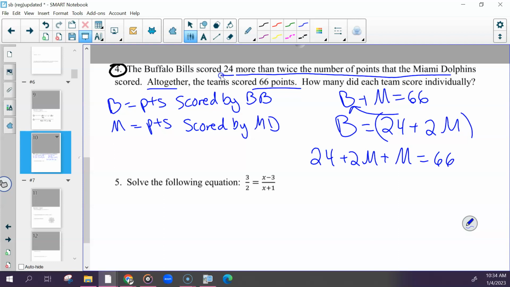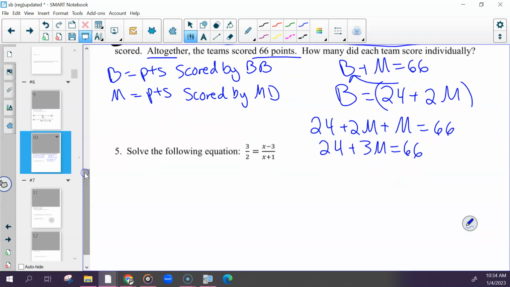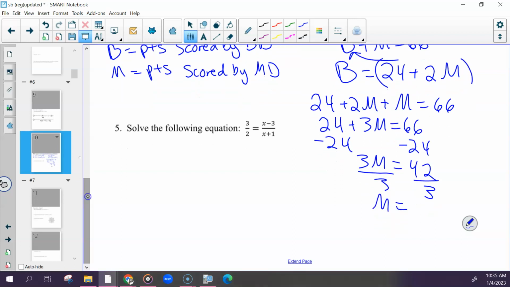Now we can solve for M and then go back and solve for B. Subtract 24. We have 3M equals 42. M equals 14, I believe.